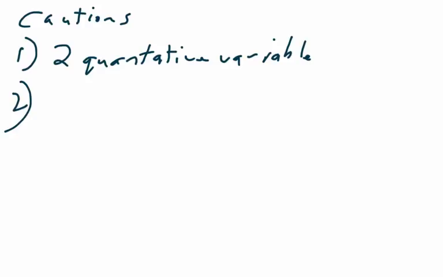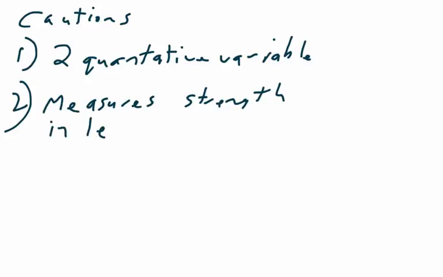They both have to be numbers. Number 2, it measures strength in linear relationships.